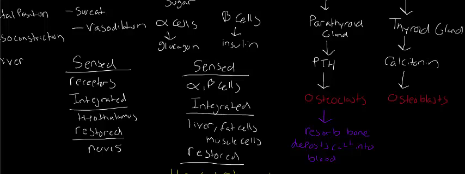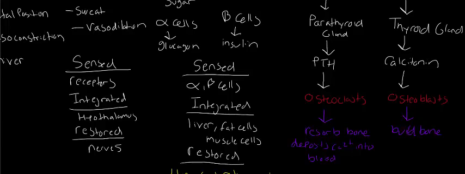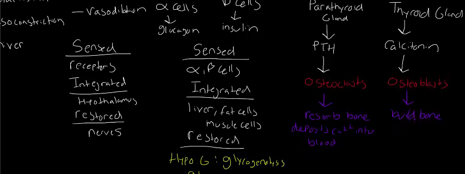And osteoblasts build the bone. And you might ask, how does it build the bone? Since there's an increase in the calcium, it uses the excess calcium to deposit it into the bone.